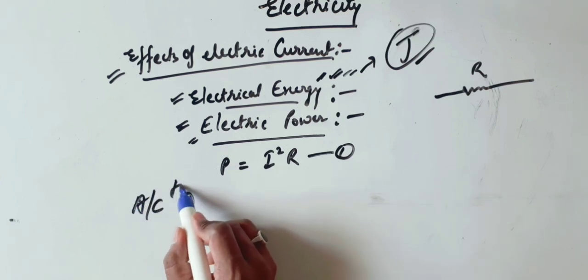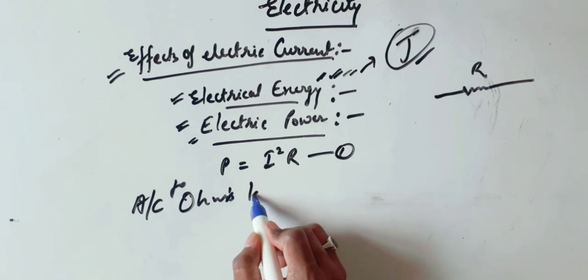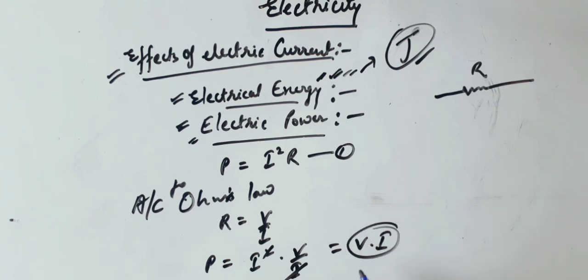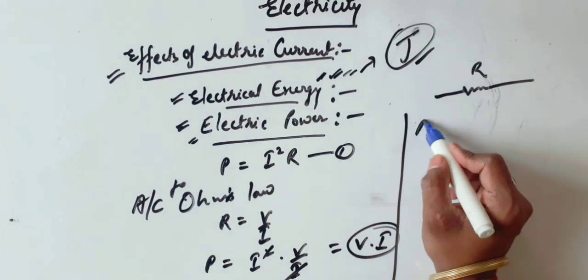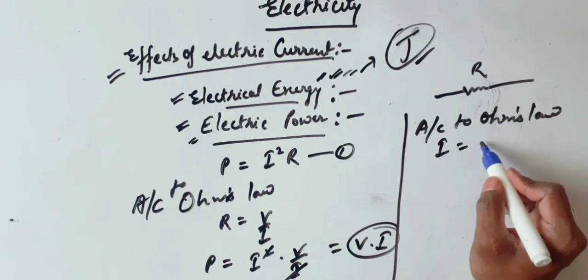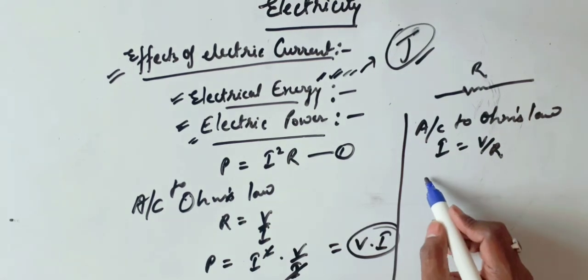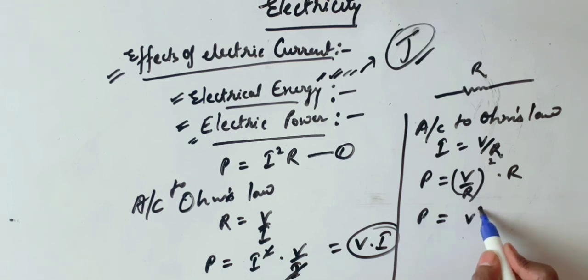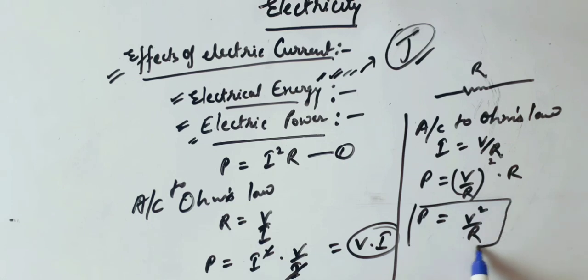According to Ohm's law, R is equal to V by I. Putting this value in the first equation, power is equal to I square into V by I. One I cancels, and we get V into I. Another formula for electric power is V into I. According to Ohm's law, I is equal to V by R. Putting this value in the first equation, power is equal to (V by R) whole square into R, which gives power equal to V square by R.